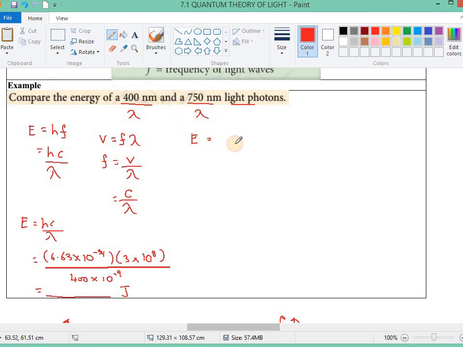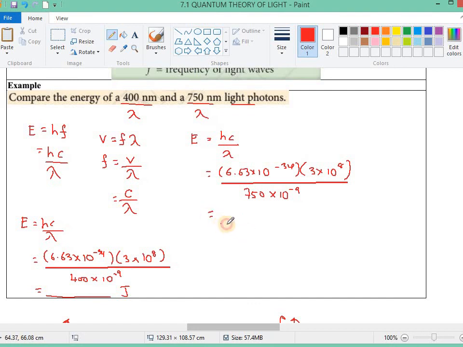Energy equals Planck constant times the speed of light over the wavelength. So we get Planck constant 6.63 times 10 power of negative 34, times 3 times 10 power of 8, over the wavelength. The wavelength is 750 nanometers, so 750 times 10 power of negative 9. Nano is negative 9.